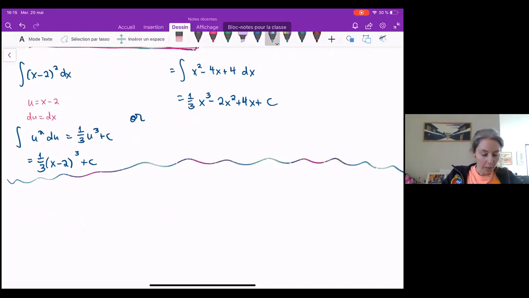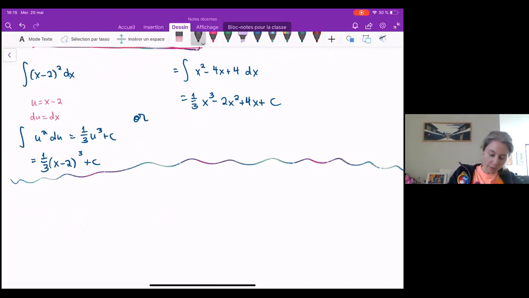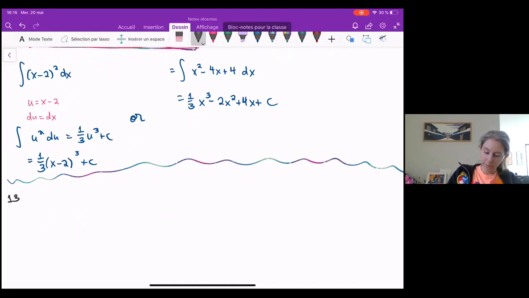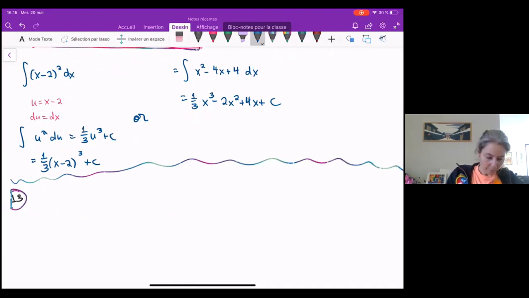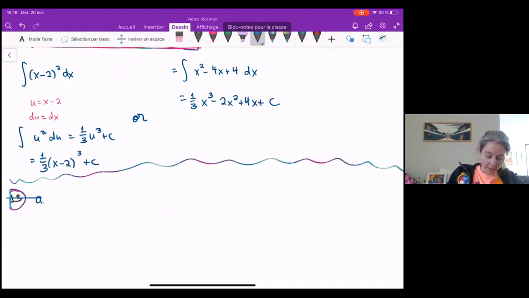Okay, so we're going to do question 13, which combines sequences and series. We have a sub n is equal to 5 times 2n factorial over 3n times 2n minus 1 factorial.